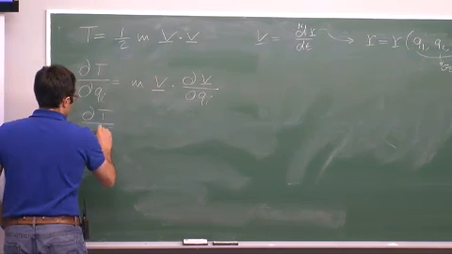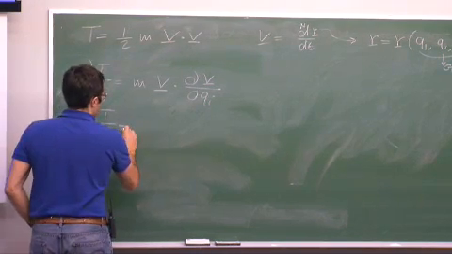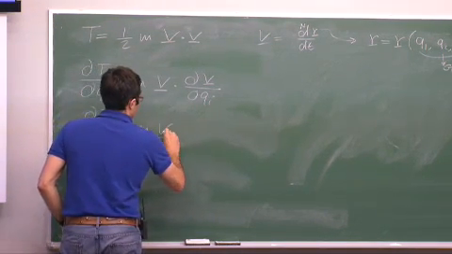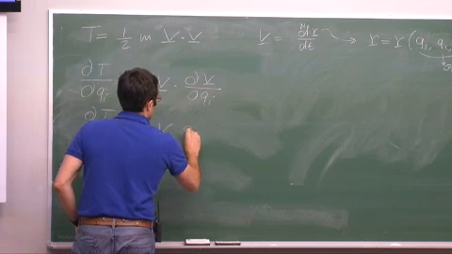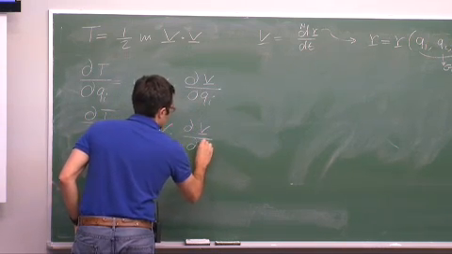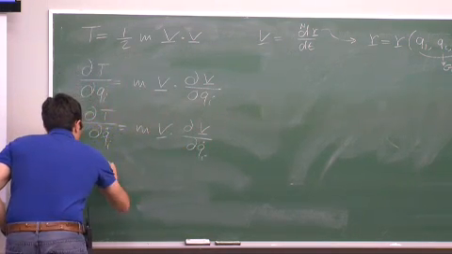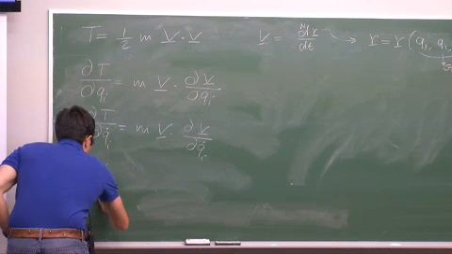We've done it before. The partial of T with respect to qi dot is the same kind of expression. The only difference is that I have the partial of v with respect to qi dot. And then let me compute that.